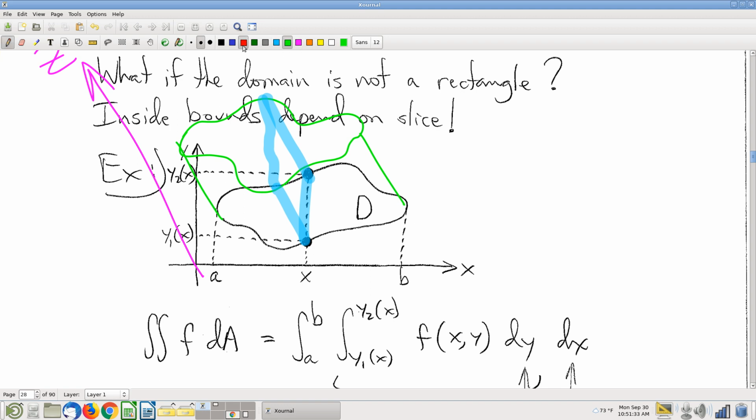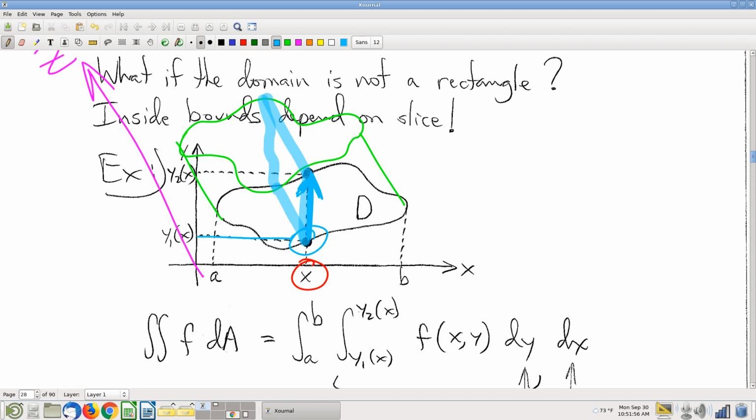And just notice, though, that for a given value of x, if you want to know what are the bounds on my dy integral, let's see here. So y, this dy integral there, y goes from that starting point, the left side of the slice of bread, to the right side of the slice of bread.